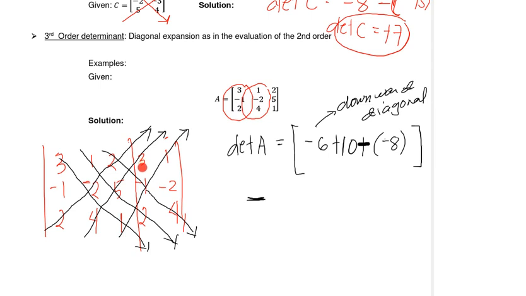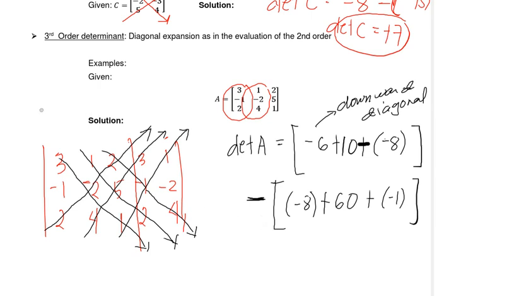And lastly, yung third upward diagonal natin, 1 times negative 1 times 1, that is negative 1. So we need to subtract the sum of the product of the upward diagonal. So yung una, that is 2 times negative 2, negative 4 times 2, we have negative 8, plus 4 times 5 times 3, we have 60, plus we have 1 times negative 1 times 1, that is negative 1.